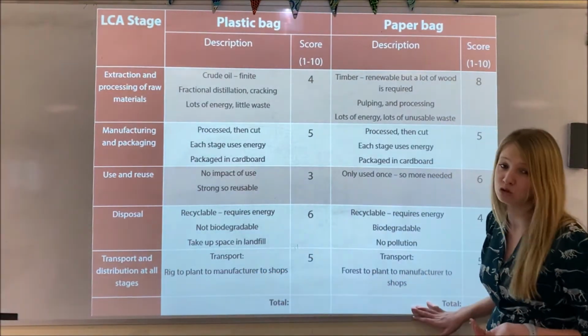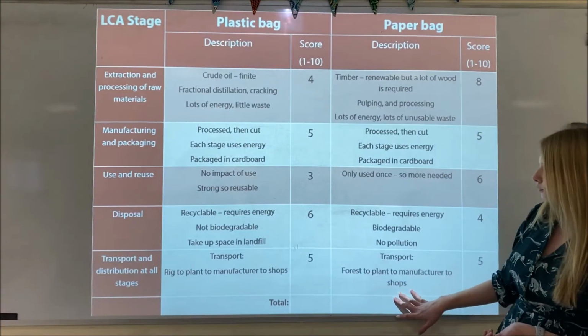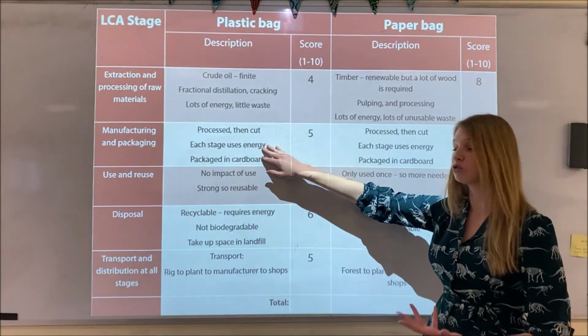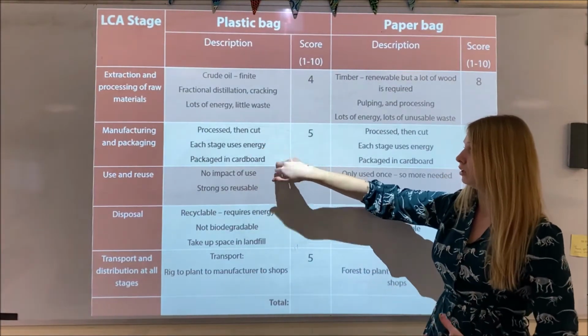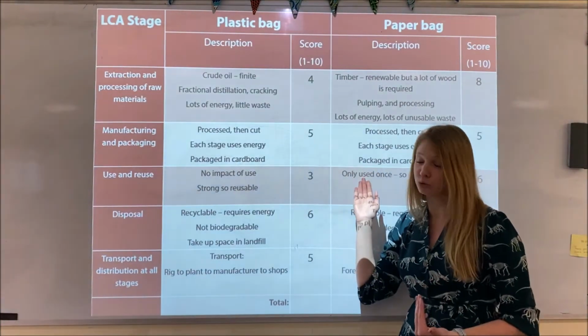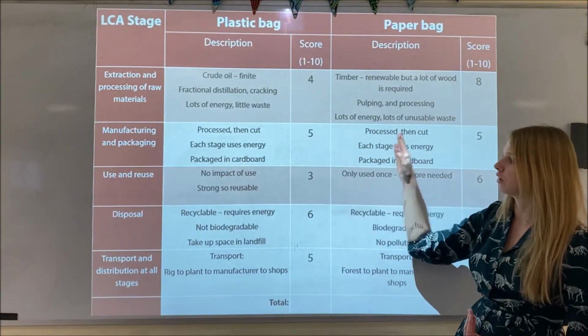So there's not going to be too much difference in your transport type here. Manufacturing and packaging, again, processing the raw materials, cutting them, every stage of that uses energy. Both will be packaged in some kind of cardboard, so I've given the same score for manufacturing and packaging.